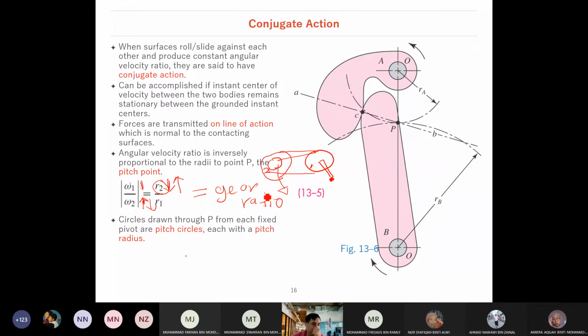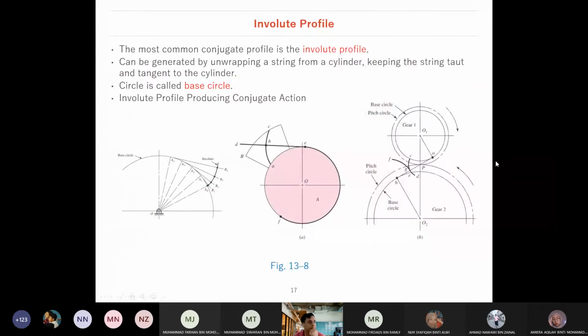Alright, so hopefully you can understand about this conjugation, what is important about the conjugation. So this is about, dia nak cerita pasal the profile of the teeth lah, tak ada apa sangat lah yang ni. Alright, okay, we have the base circle.